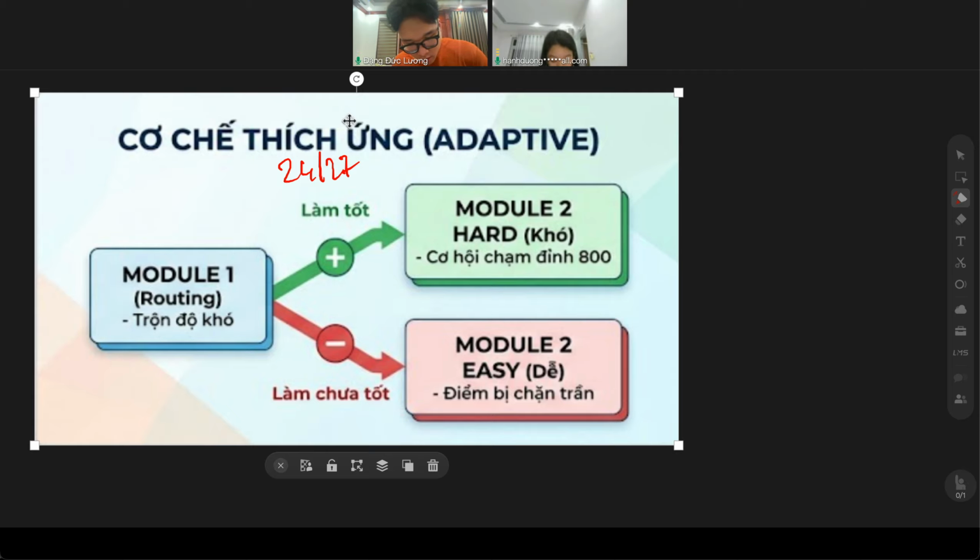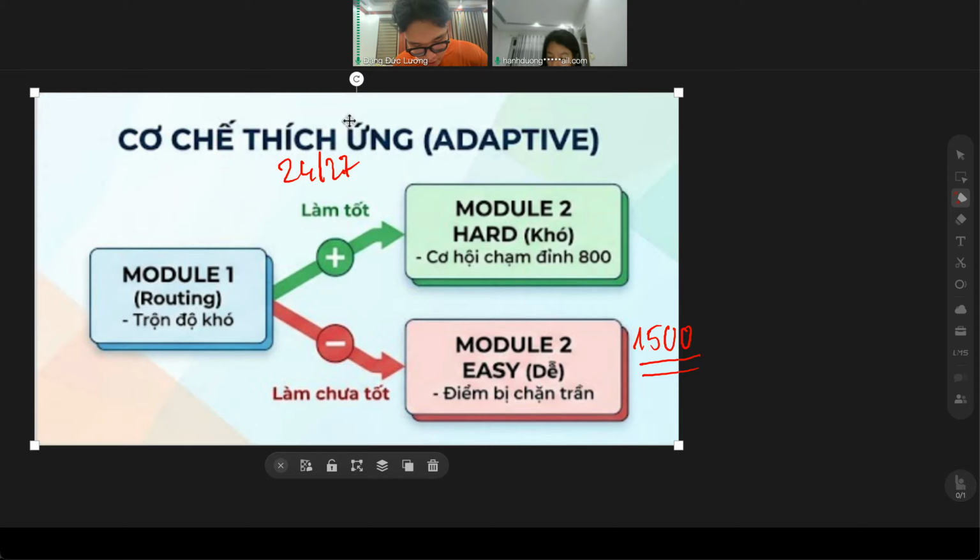Otherwise you will get to the easy version of Module 2, and your score will be limited. You will never get past 1500 if you get to the easy version of Module 2. Never get past that level. Okay.